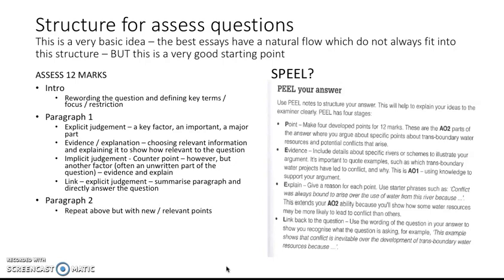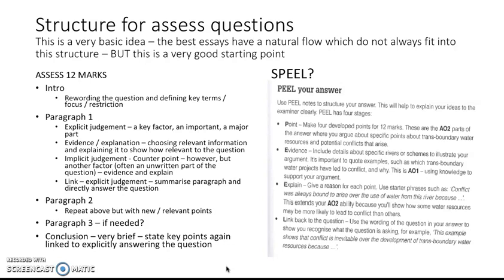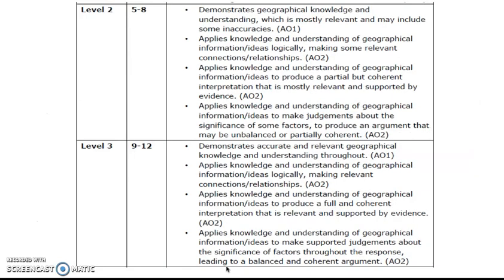We then have paragraph 2, and we could have a paragraph 3 here, but that one only needs to be shorter, just to introduce some of the other areas to show a greater range. And then of course we need the conclusion in there.